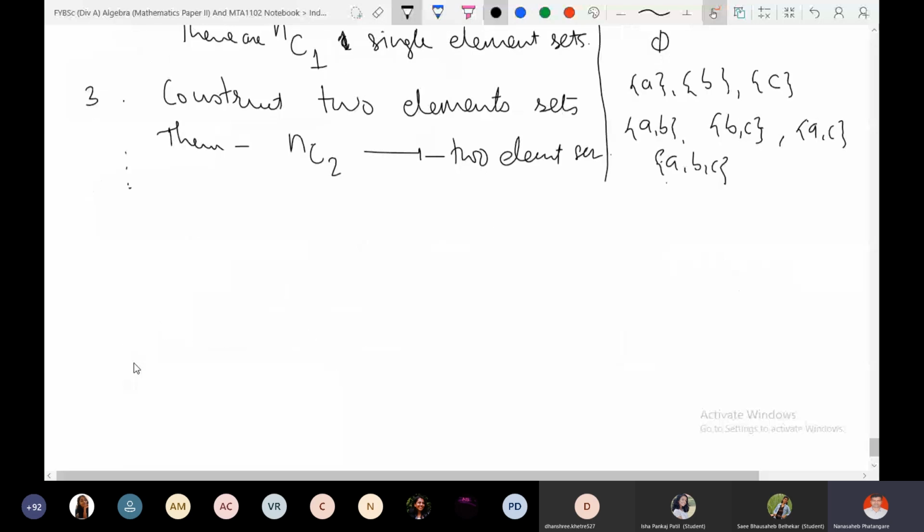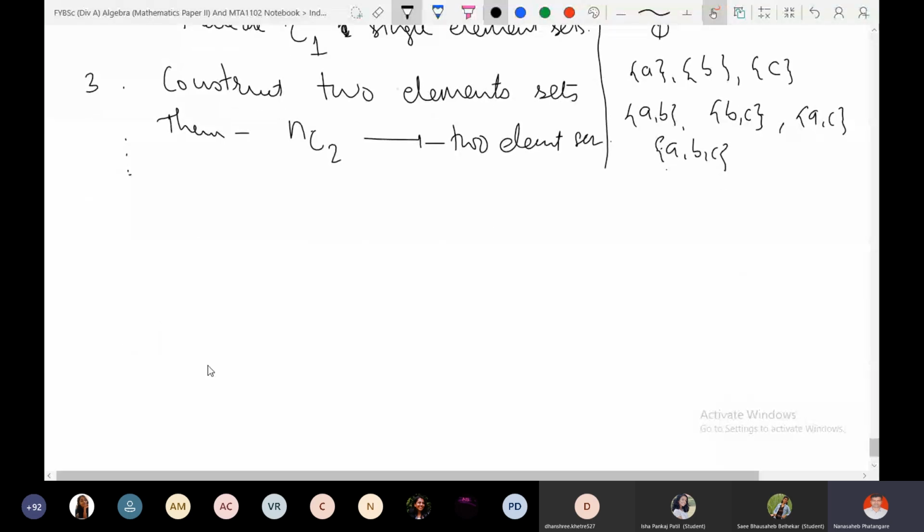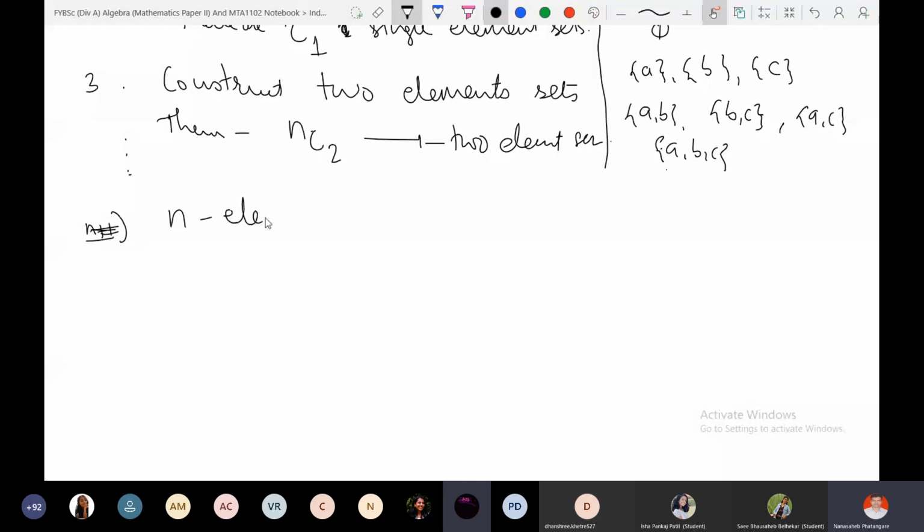Ultimately there are n plus 1 steps. What will be the last step? The n element sets, and so there are n choose n element sets.